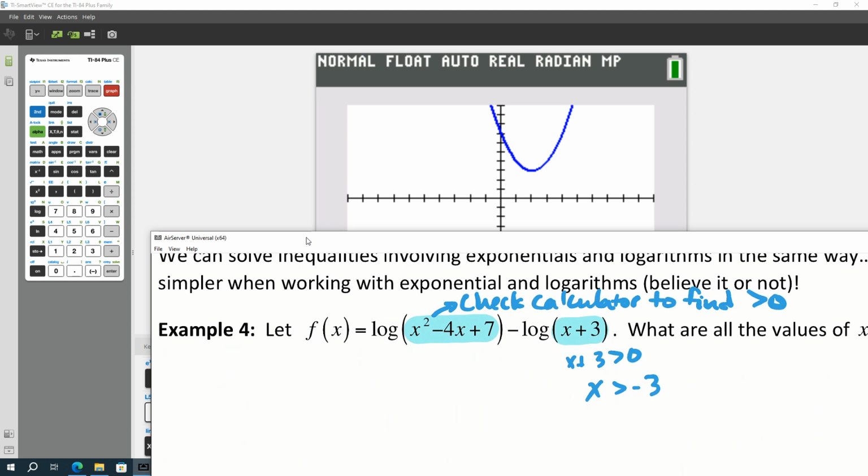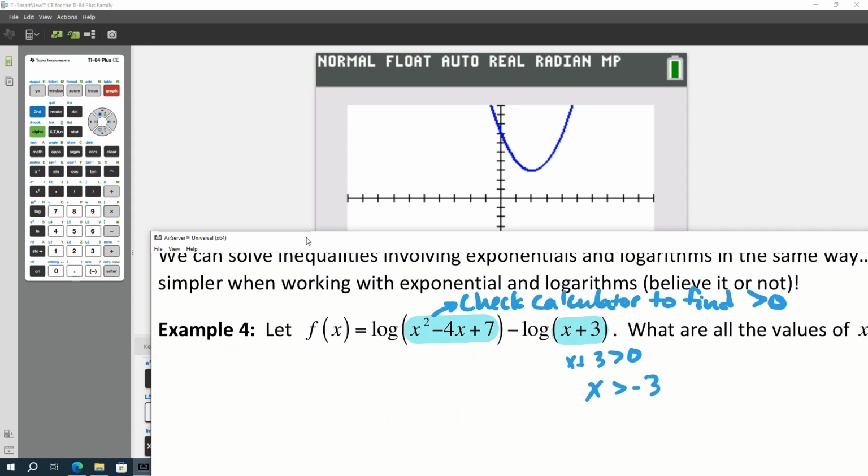All right, so that's what that parabola looks like, which is great because it's always greater than 0. So we don't have to worry about shortening the domain. We can use any x for this part, and for the other part, we have to use x's that are greater than -3.